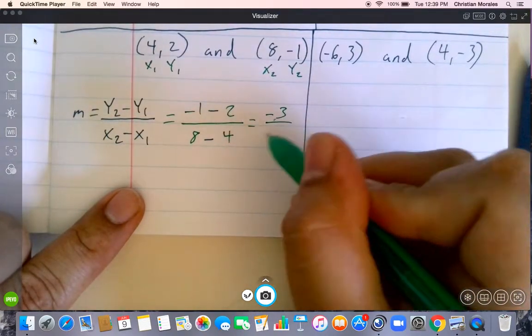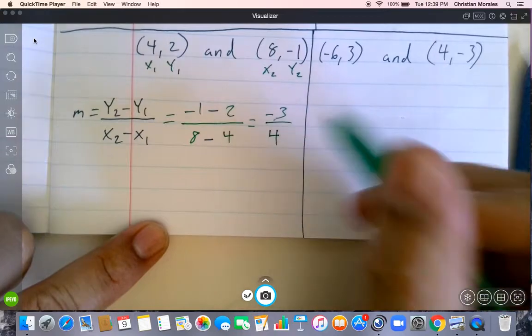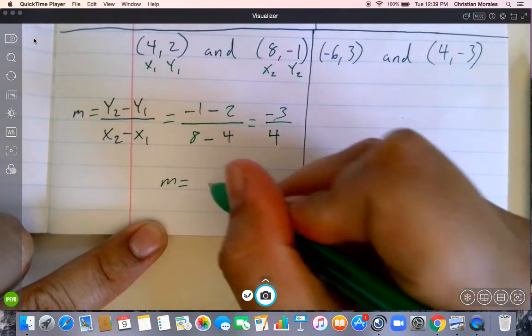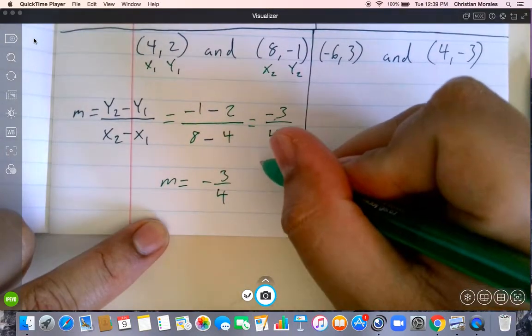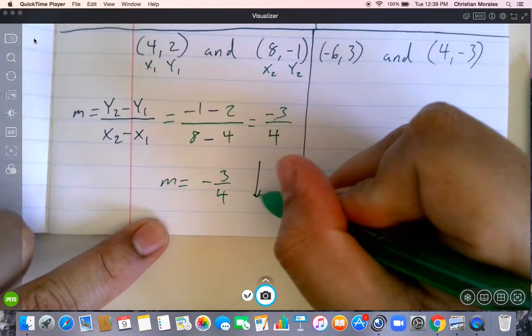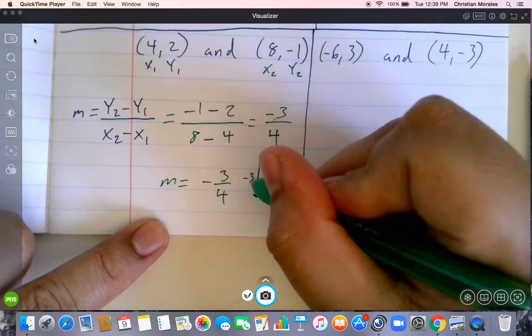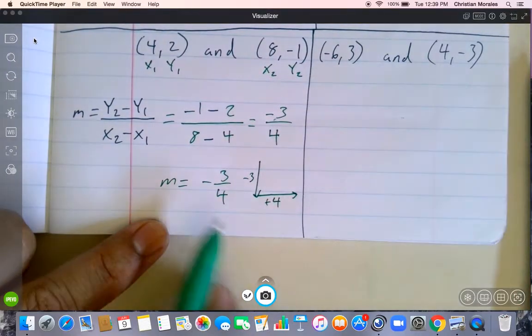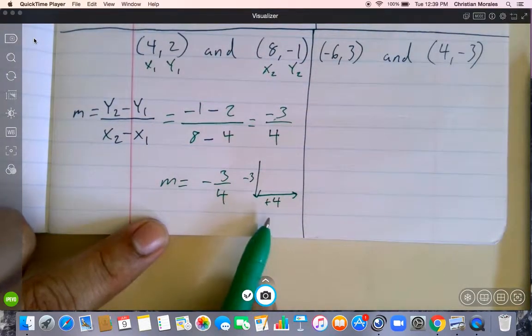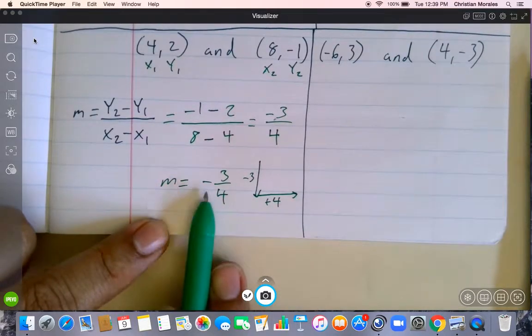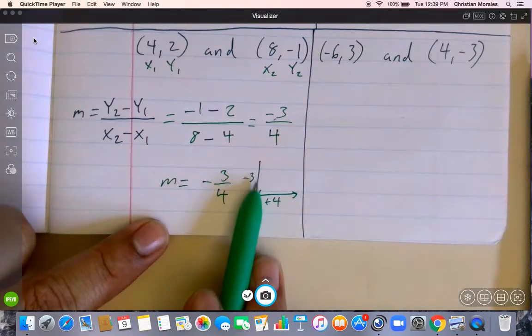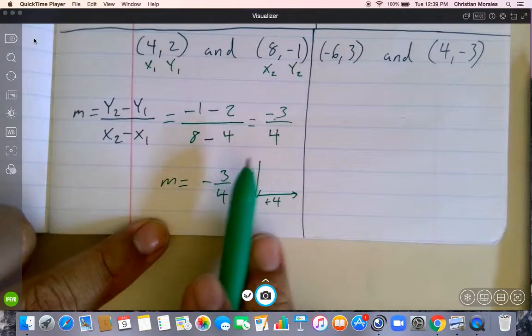This is 8 minus 4, that is 4, so my slope is -3/4. So what my line is doing, the line is going down 3 over 4. Yes, the bottom number is not negative. The bottom number is positive, it goes to the right. The negative usually refers to the first number, the number going down or the number going up. If it's negative, the number is going down.